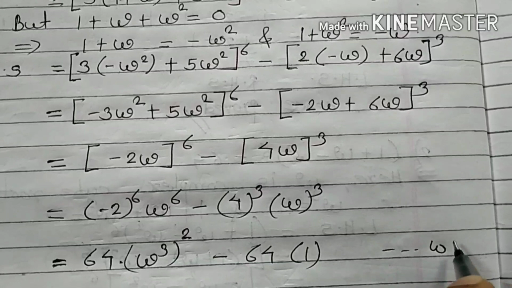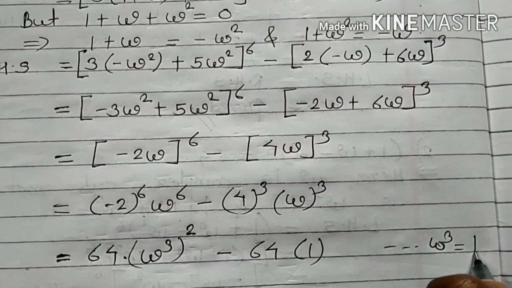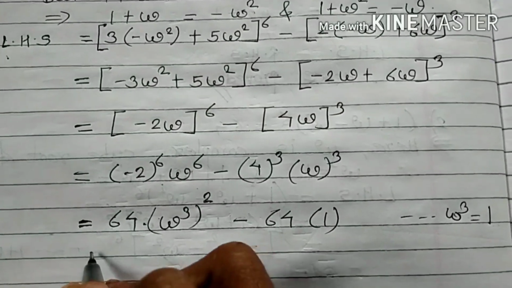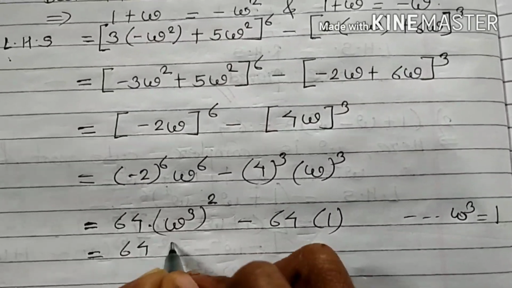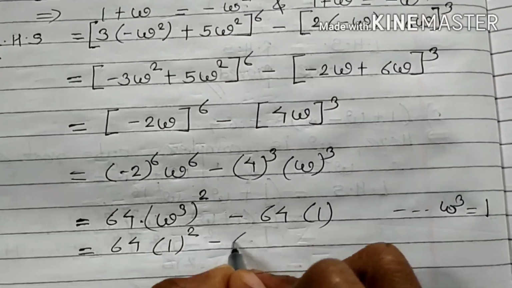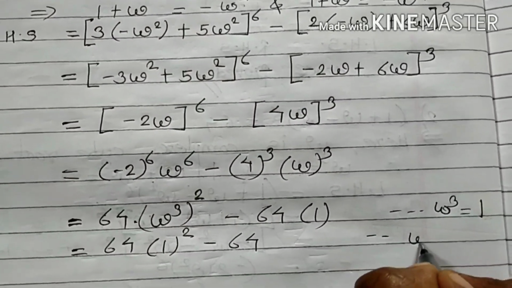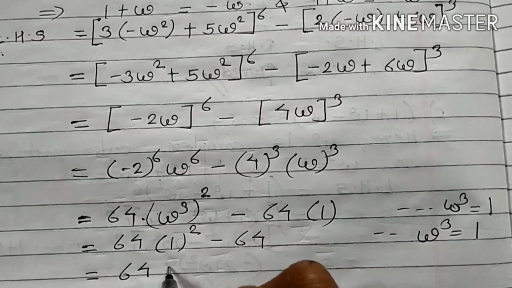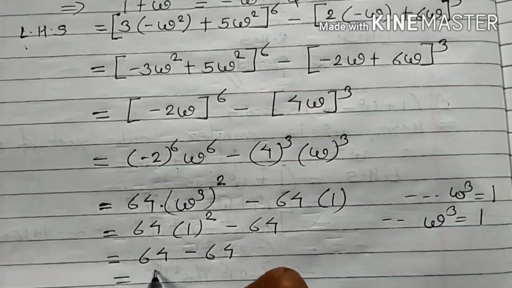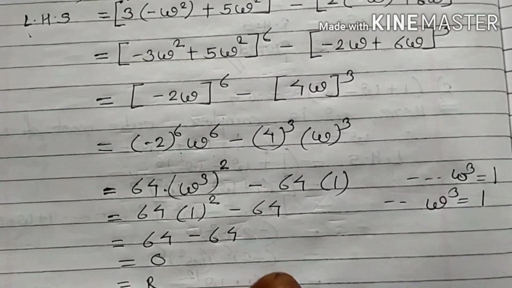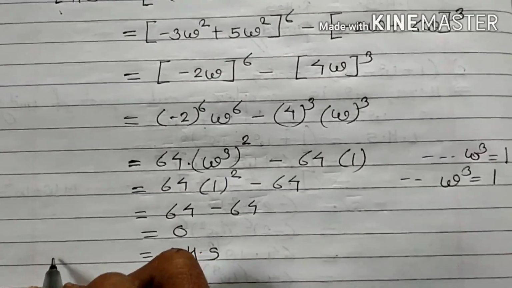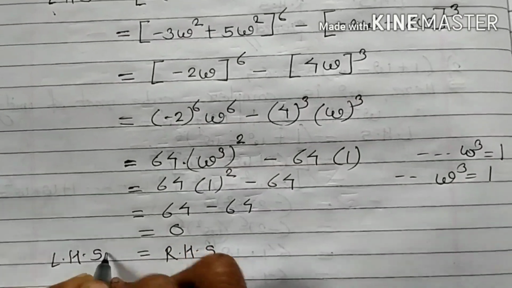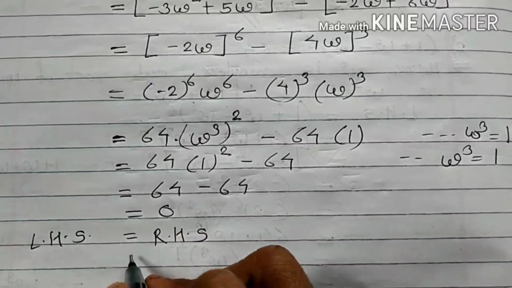You can write here omega cube is 1. Next 64 into 1 minus 64 because omega cube is equal to 1. 64 into 1 minus 64, which is equal to 0, which is RHS. So here we get LHS equal to RHS, hence proved.